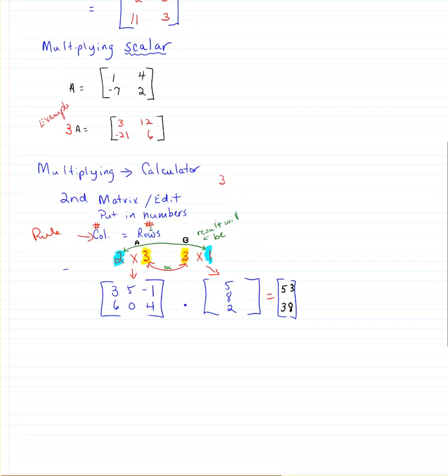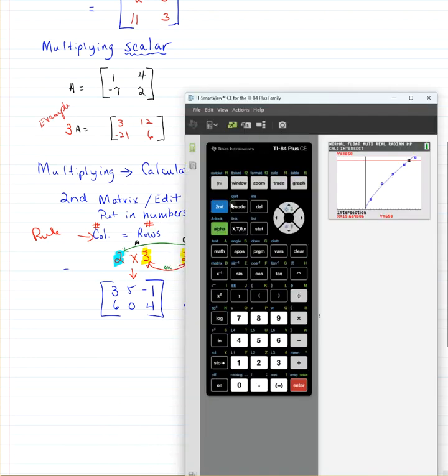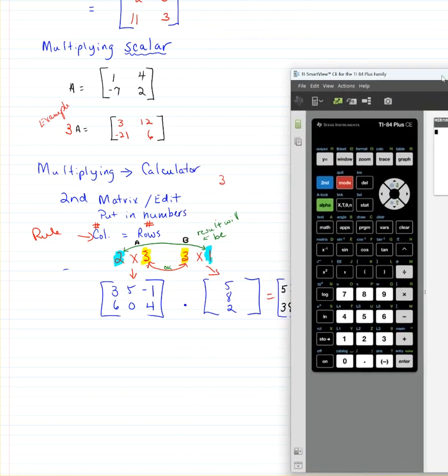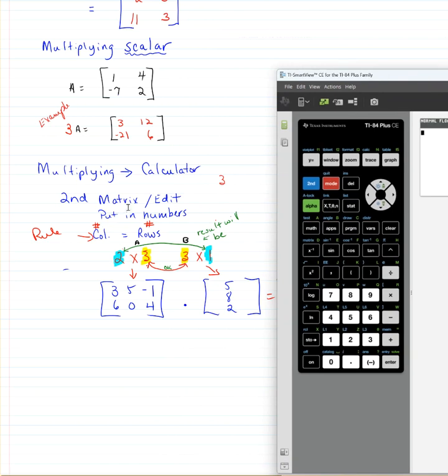Now, if you're going to multiply on the calculator, let's go ahead and pull up the calculator so we can look at it if we need to. So you'll do second matrix edit, and you'll put in the numbers. To be able to multiply, for it to work, the number of columns in the first one has to equal the number of rows in the second one.